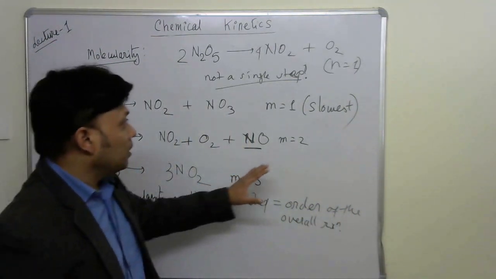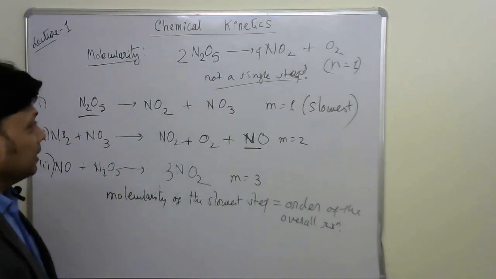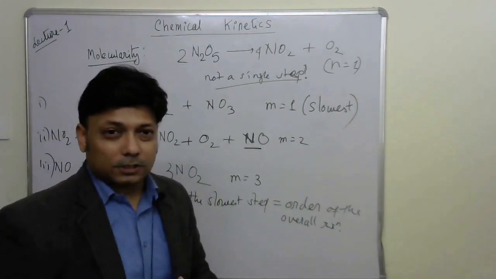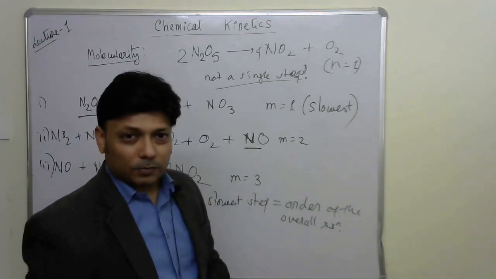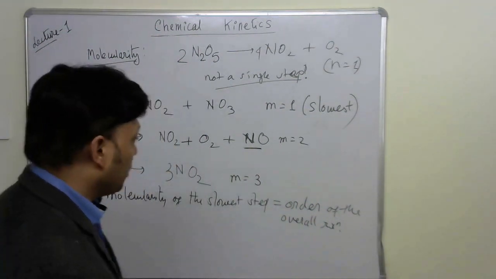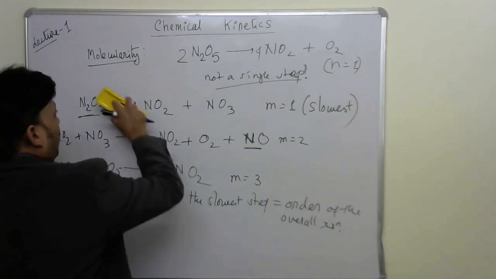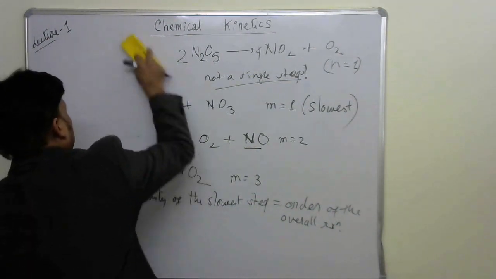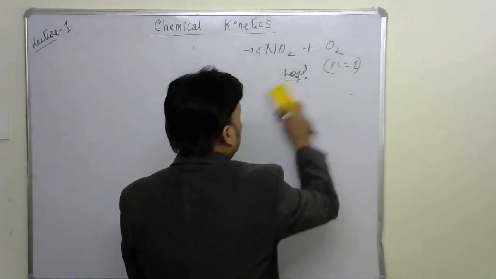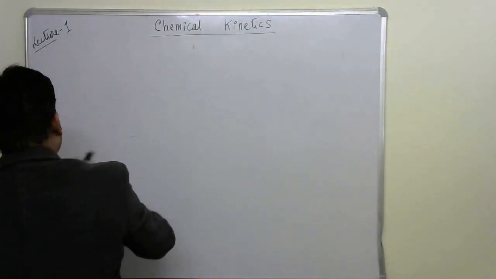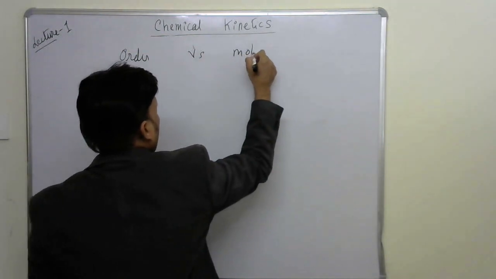So we now learned a new interesting fact: for a multi-step reaction, the molecularity of the slowest step becomes the order of the reaction. Having learned a few facts about molecularity and order, we should be able to differentiate between order versus molecularity.